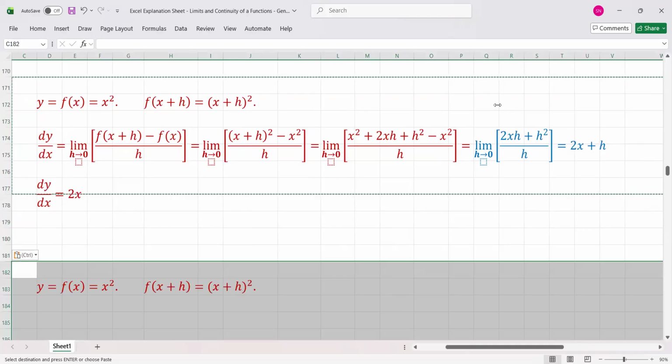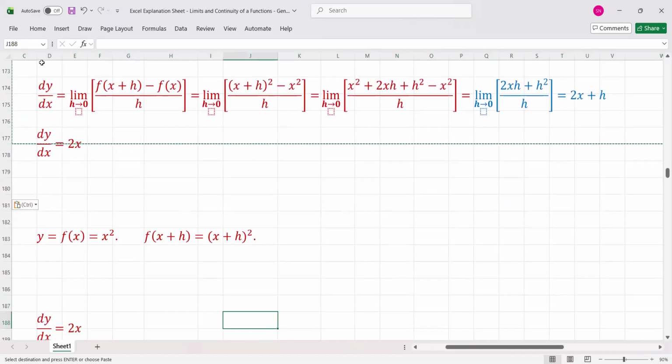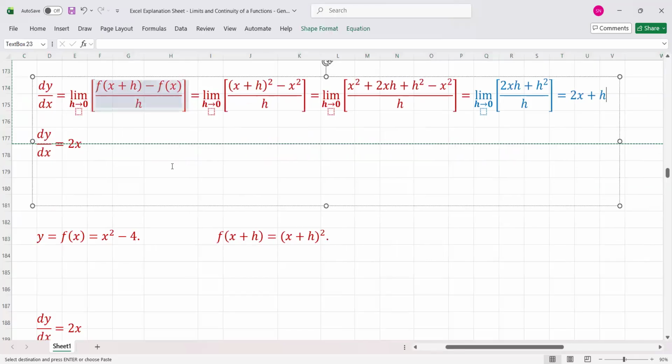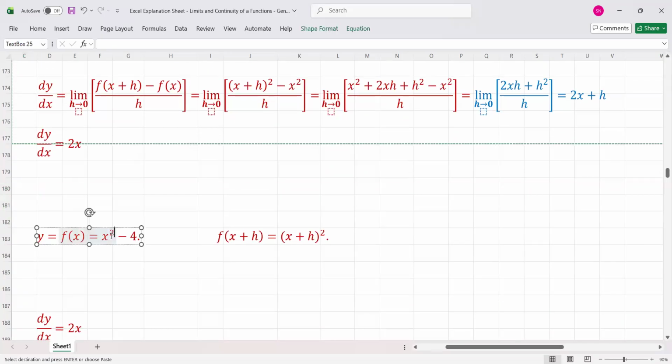Okay, so the question was x squared minus 4x. So this will be x squared minus 4x. Am I right? Okay, so what should be f of x plus h?